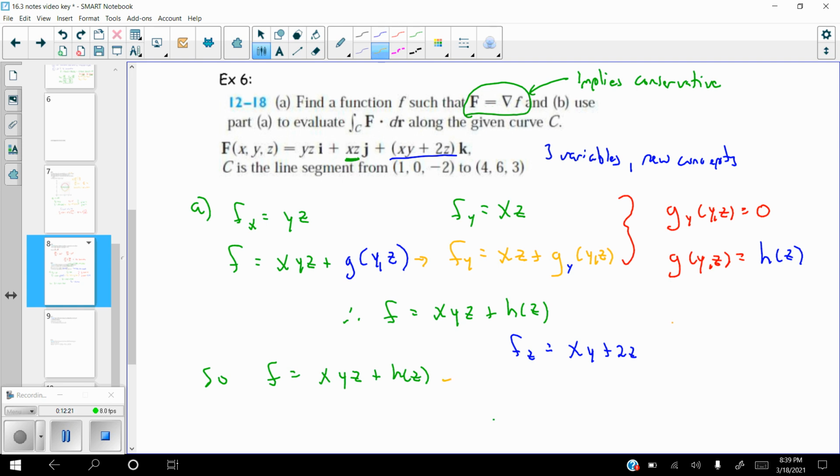Now, taking the derivative of this with respect to z, because I'm trying to match the z part, is going to give us f sub z is, let's see, the derivative of xyz is going to be xy. That's good, that matches, plus some h prime of z.